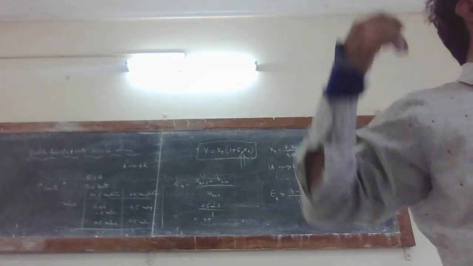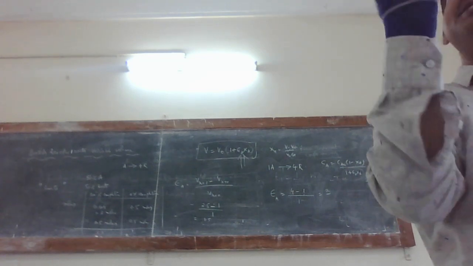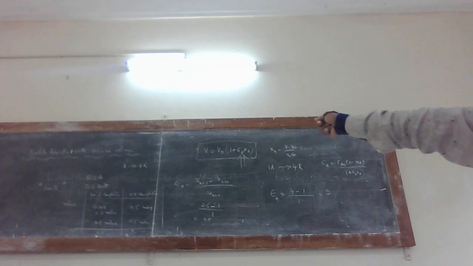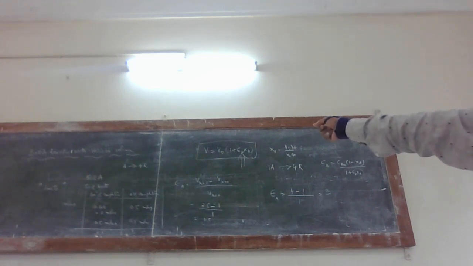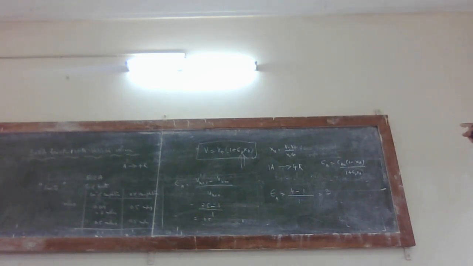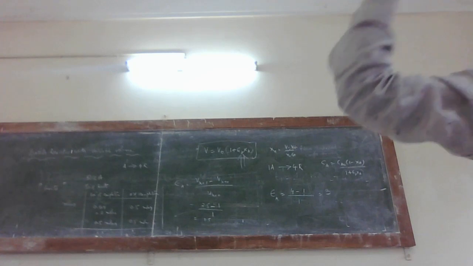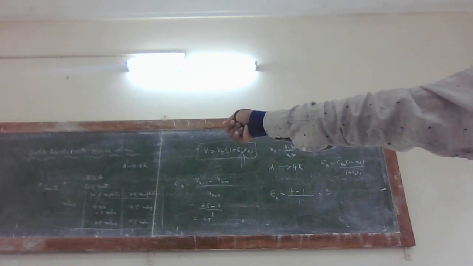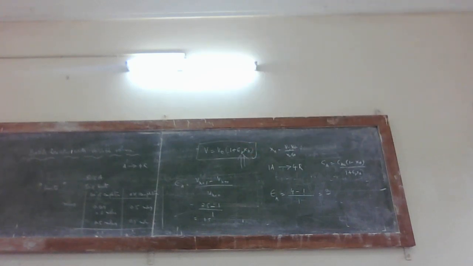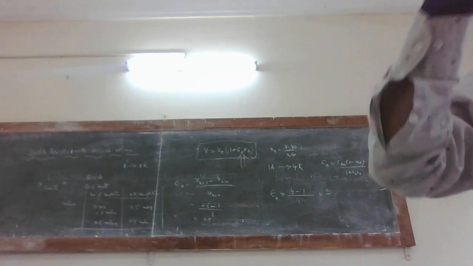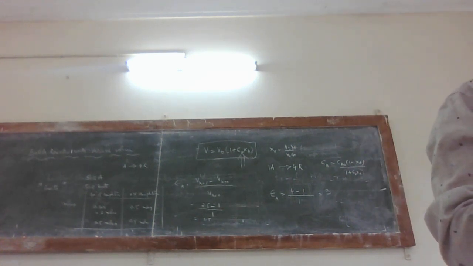Here also we do like that, but here our V or Ca is changing. V is equal to V naught into 1 plus epsilon Xa, and Ca is equal to Ca naught into (1 minus Xa) by (1 plus epsilon Xa). So the equation changes from the constant volume case to the variable volume case. Wherever V comes into the picture, replace it with V naught into 1 plus epsilon Xa and derive the same way we proceeded for the constant volume case. So that is the derivation.